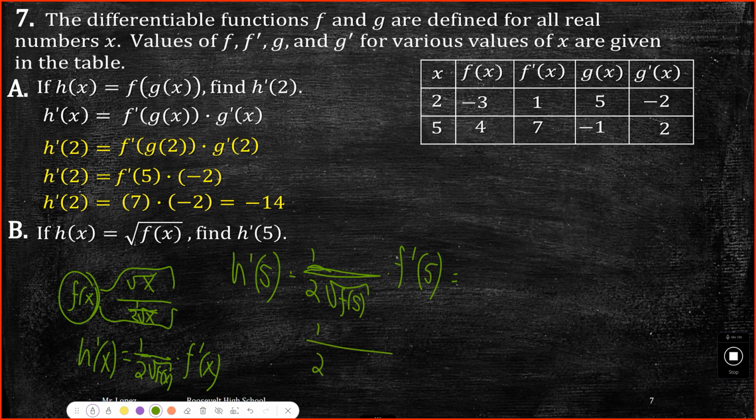What's f of 5? It's 4, square root of 4. And f prime of 5 is 7. So it should be 7 over 2 times square root of 4, which is 2, 2 times 2 is 4, so 7/4. Yes? I hope it is. Let me see.